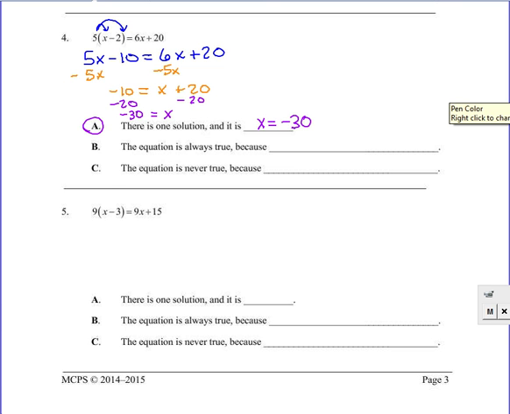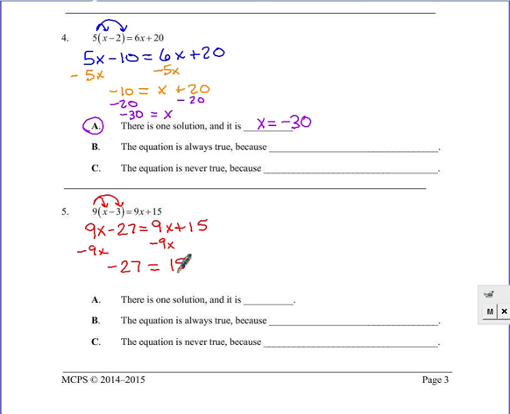Number 5, I see parentheses, so I'm going to distribute first. So we have 9x, and then 9 times negative 3 is negative 27, equals 9x plus 15. Well, I can already see if I take away the 9x, negative 27 does not equal 15.